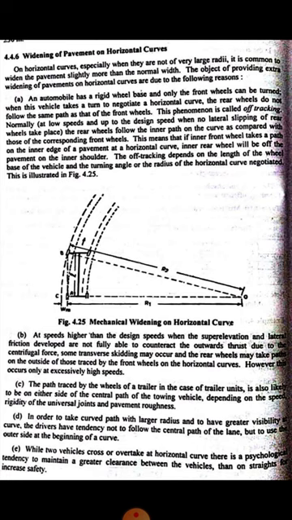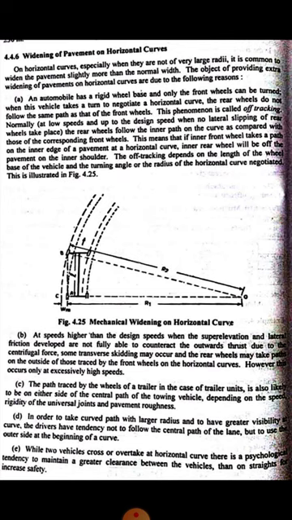Normally, at a slow speed, at the design speed, when there is no lateral slipping of the rear wheels, the rear wheels follow an inner path on the curve compared with the corresponding front wheels.